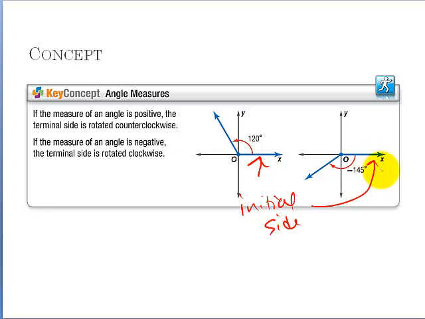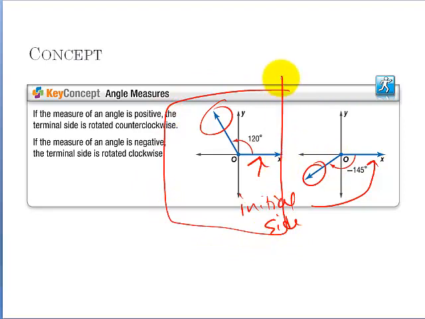Where it ends would be the terminal side, meaning that it's terminated, it's ended. Now, if the angle is rotating counterclockwise, as it is in this first example, that means that the angle is going to be positive. If the angle is rotating clockwise, then it's going to be a negative angle.